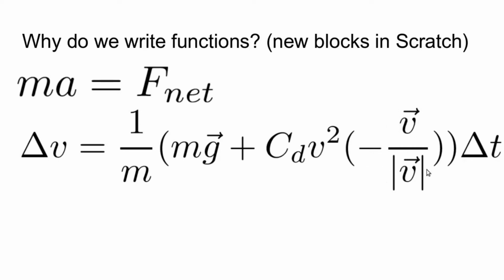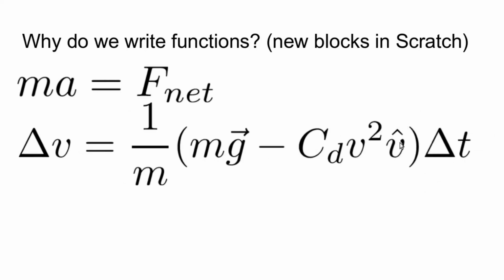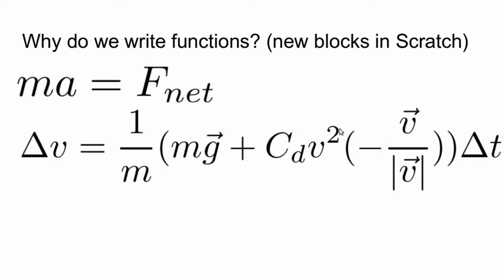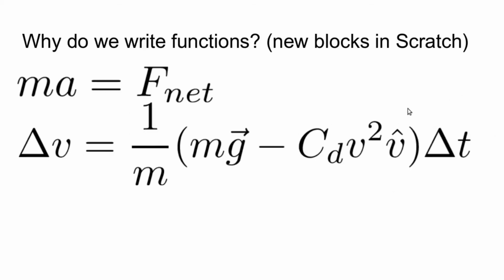So this is just a handy way to figure out the direction this vector needs to point, and I see it points in the direction of v. Nope, opposite the direction of v. And this part here in the parentheses just represents the direction. This part over here represents the magnitude. So often when we have a vector like this whose length is 1, we summarize it by putting a hat on the vector. Hat means unit vector or a vector of length 1. And you might notice, let's go back, I took this minus sign and moved it over to here because I know it's just telling me the direction is opposite the direction of v.